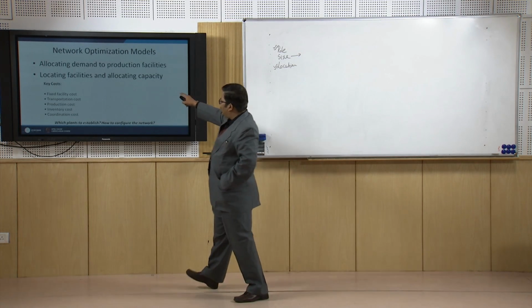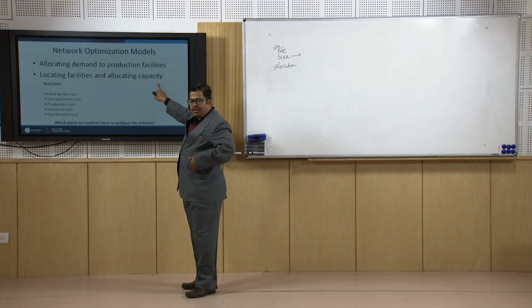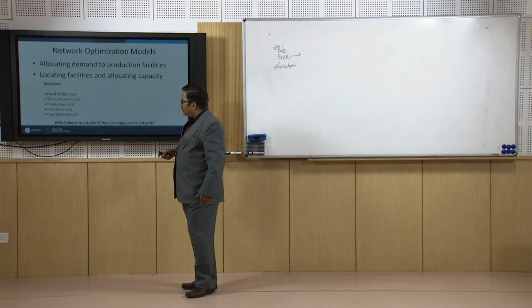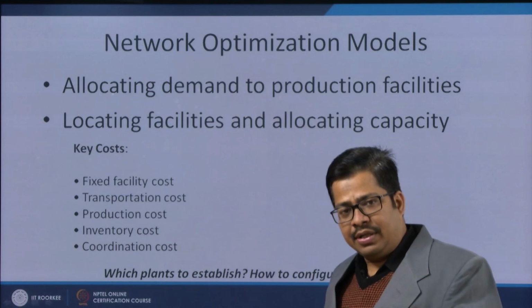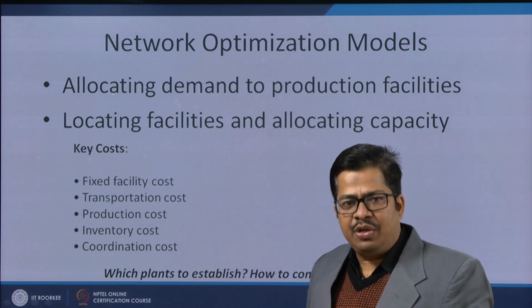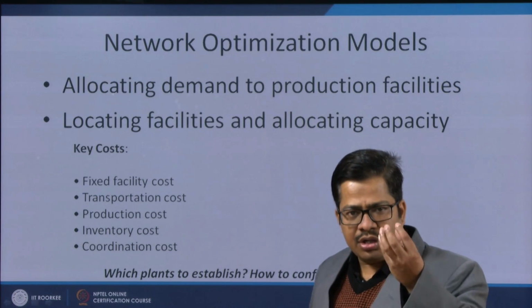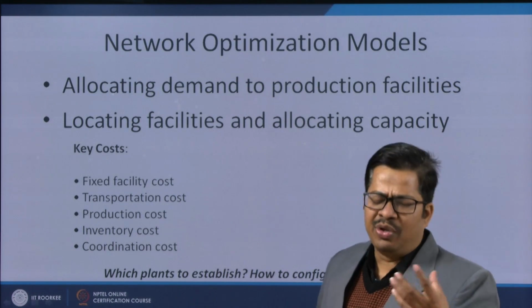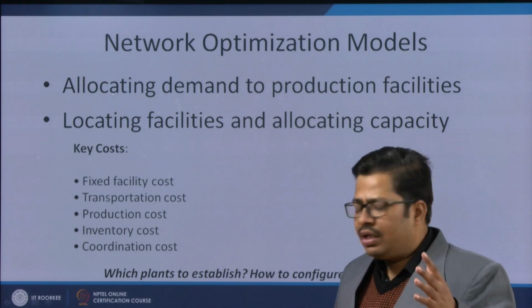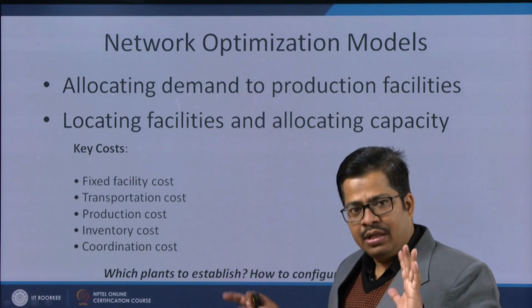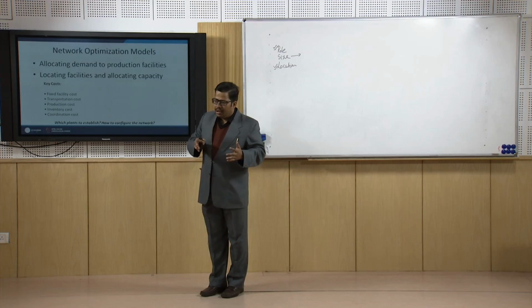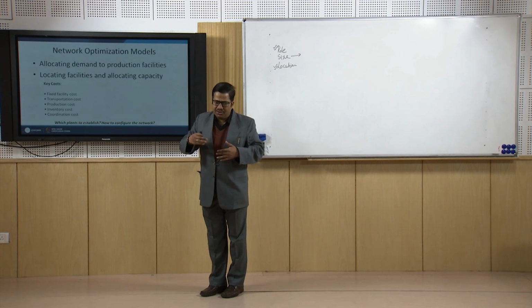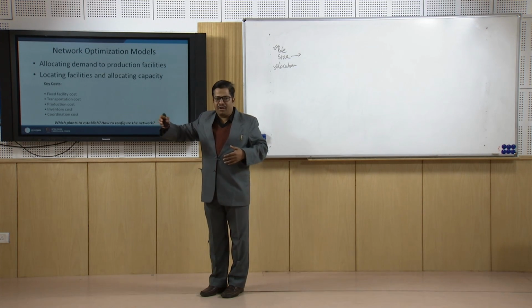Now for the allocation of capacity to a particular facility, the key costs are as follows. There is a fixed cost of the facility. Whether you use that facility for 2 products or 200 products, there has to be a fixed cost of the facility. Then the transportation cost, since you are using that facility to transport products from one end to another.